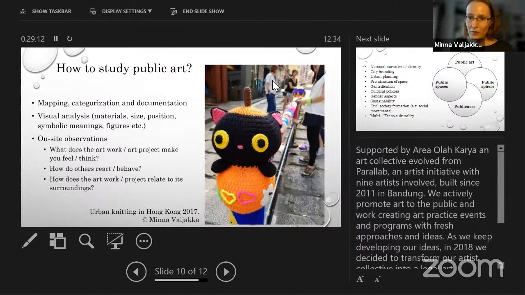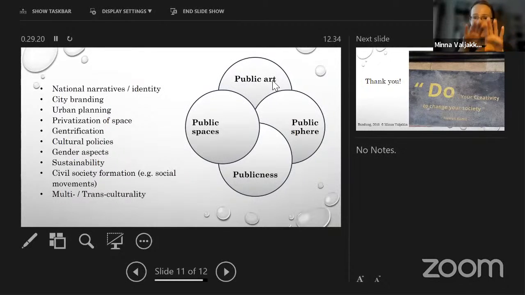So of course, some of you might be very advanced in your studies already. So the next step in studying public art is to understand these larger concepts and contexts, how public art is interrelated. So when you look at public art, you also basically look into public spaces.